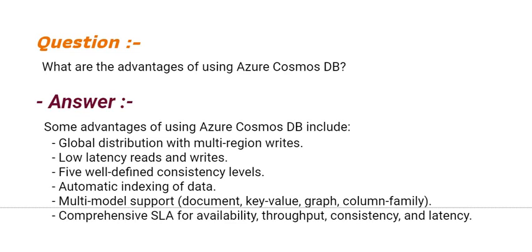Third, 5 well-defined consistency levels. Fourth, automatic indexing of data. Fifth, multi-model support: document, key value, graph, column family. And the last one is comprehensive SLAs for availability, throughput, consistency and latency.